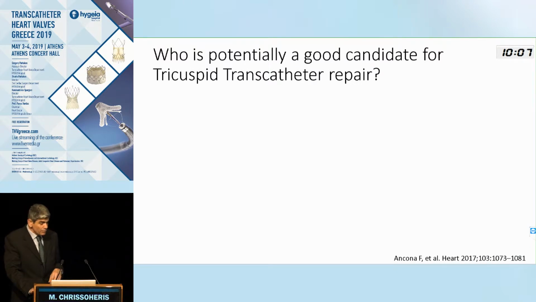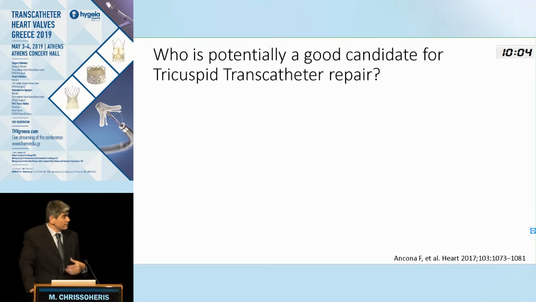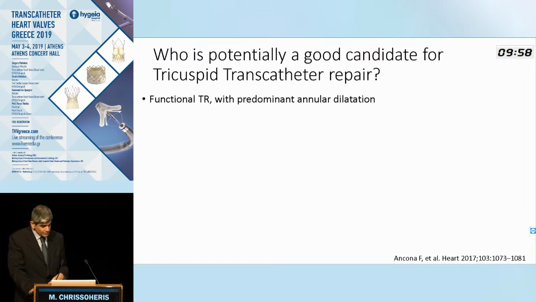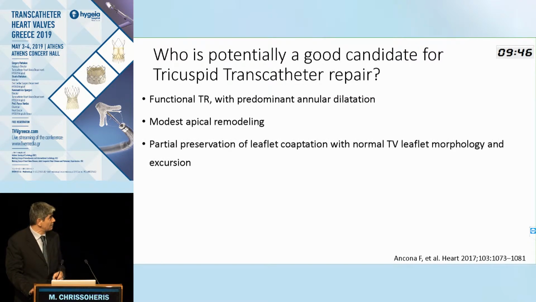In general, when a patient comes to us for tricuspid transcatheter repair, there are a few things we want to consider. One, transcatheter repair is mostly destined for patients who have functional TR with predominant annular dilatation. We need modest apical remodeling, not severe RV dilatation.